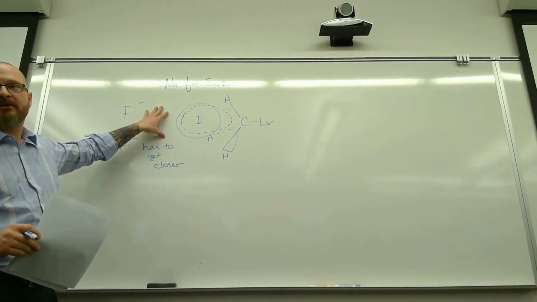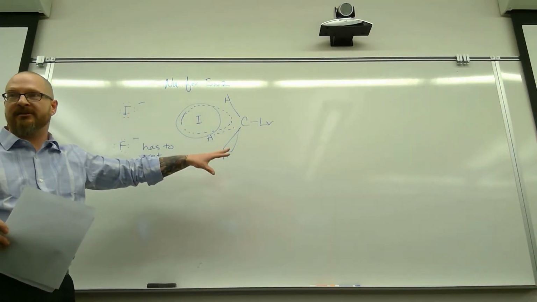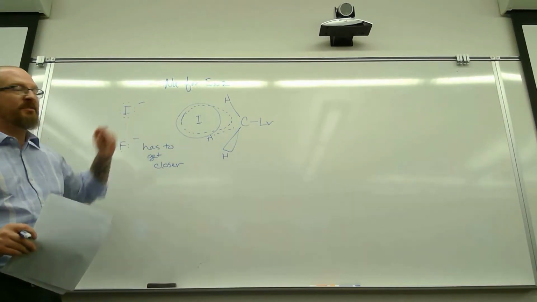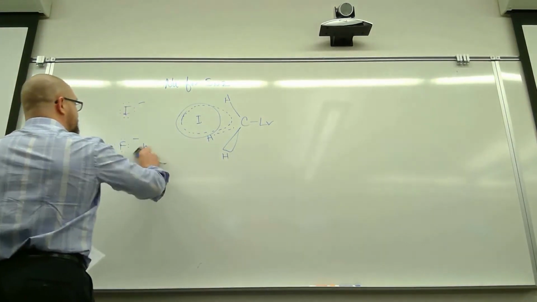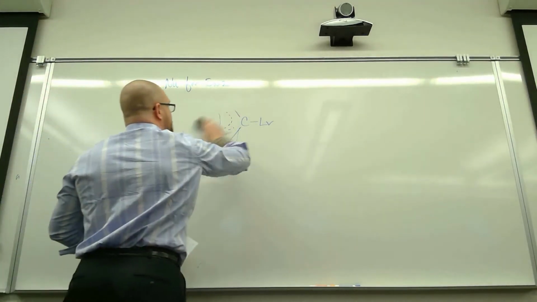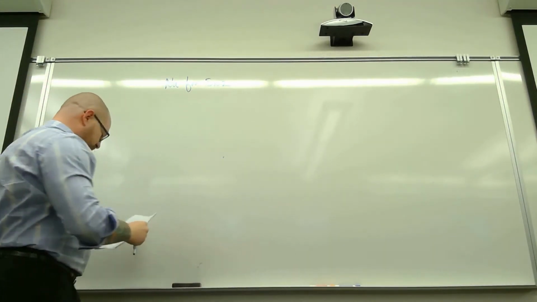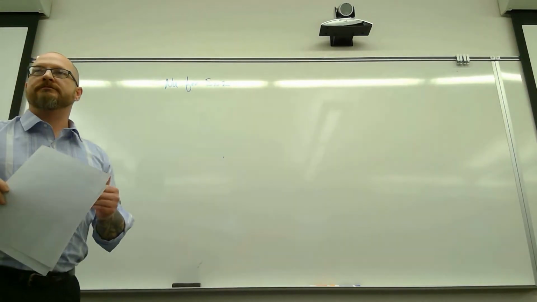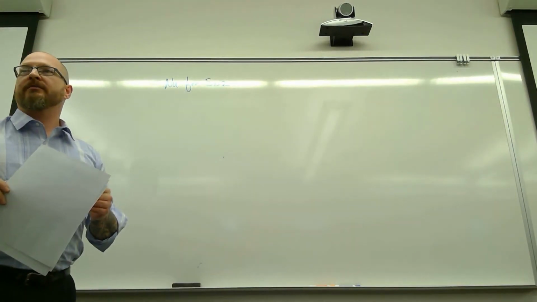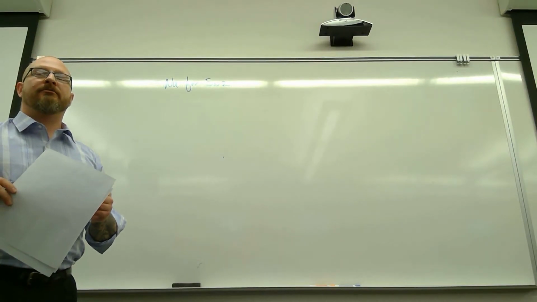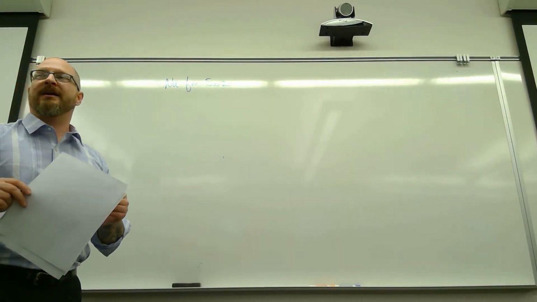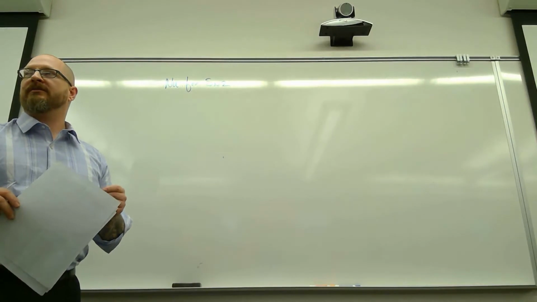How basic something is matters when size is not an issue, but size is an issue also. Any questions so far? We have one more effect to talk about. No questions about relative basicity or size for affecting nucleophile strength? Yes.